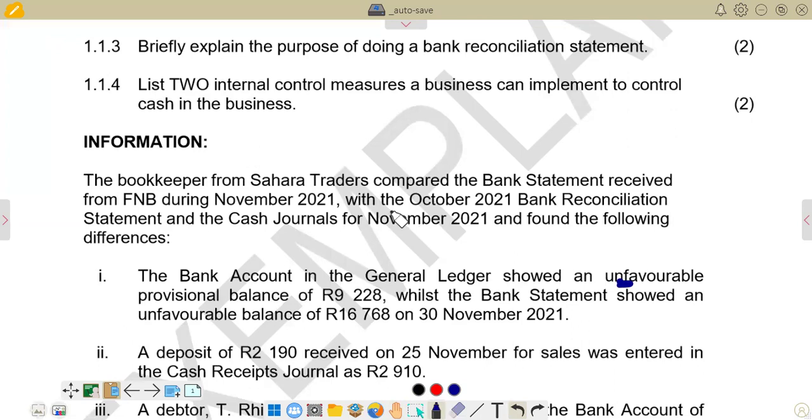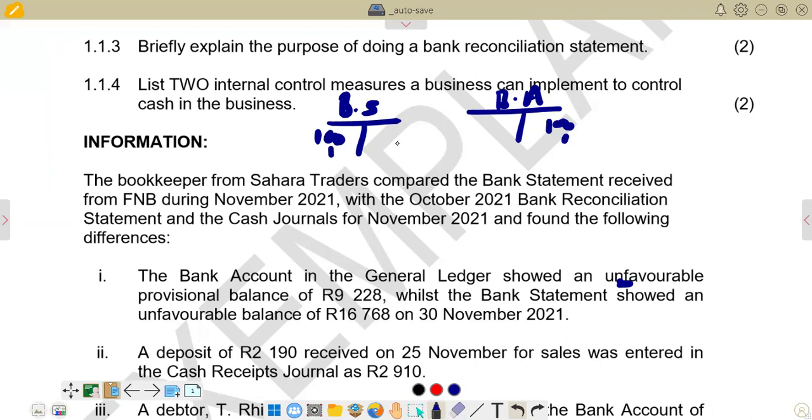So let's take note. If this is your bank statement, and then we also have your bank account, what is entered on the bank statement, if we put 100 here, it should appear as 100 on the bank account in the ledger. So what we have here on the debit side of the bank statement should be the same as what we are having on the credit side of the bank account.